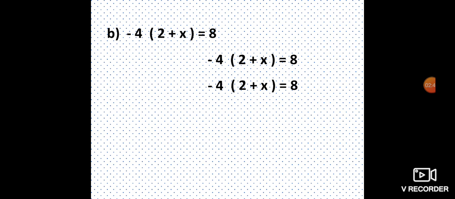You don't change the sign of 4; you change multiplication into division. So 2 plus x equal to 8 divided by minus 4. 2 plus x equal to minus 2. 8 divided by minus 4 is minus 2. Then 2 plus x equal to minus 2, we transpose 2. 2 becomes minus 2. Minus 2 minus 2. x equal to minus 4 is the answer.